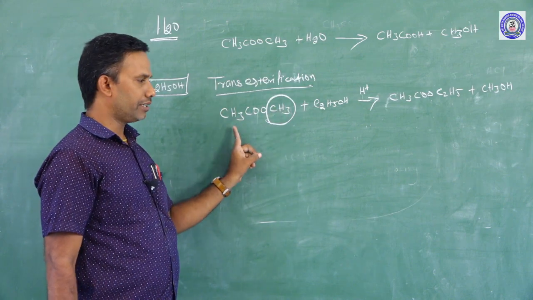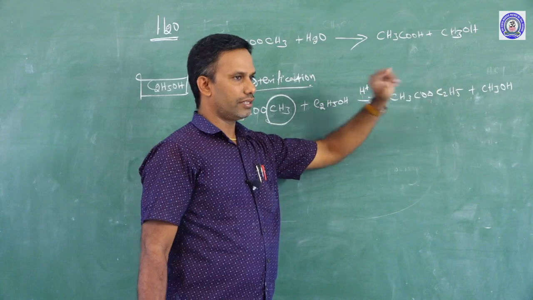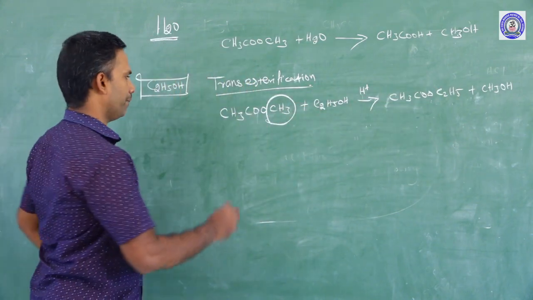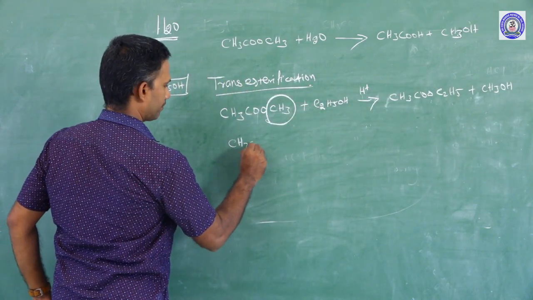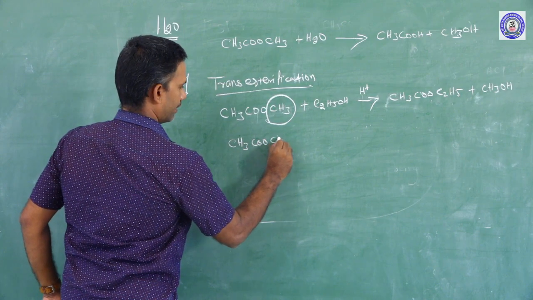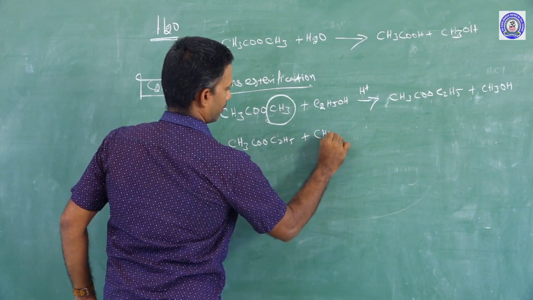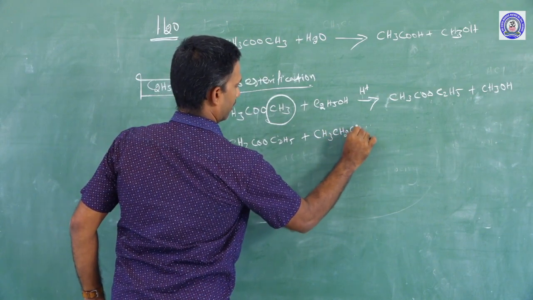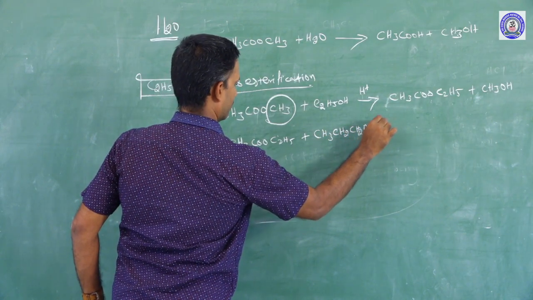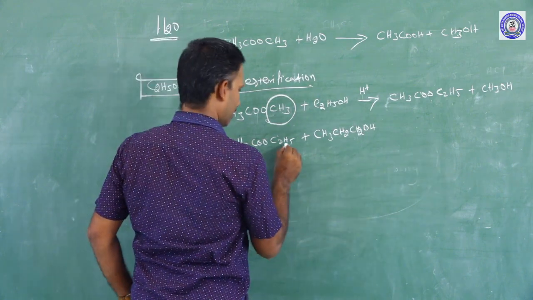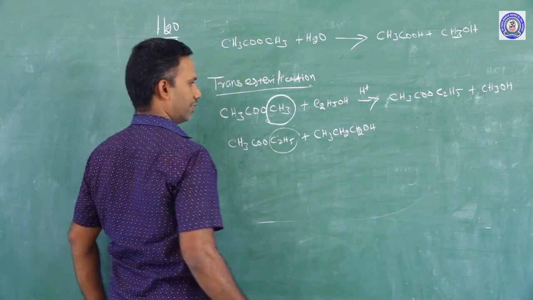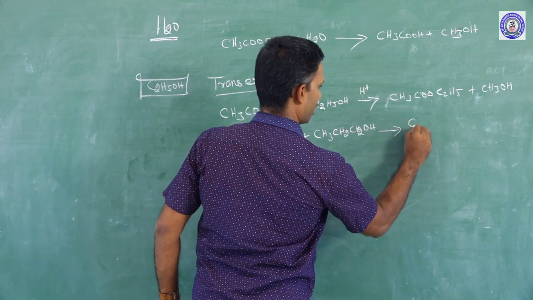See here, methyl ester is converted to ethyl ester. In the same way you can prepare, see, then ethyl ester, ethyl acetate can be converted to, if you take butyl alcohol, this alcoholic part will change.